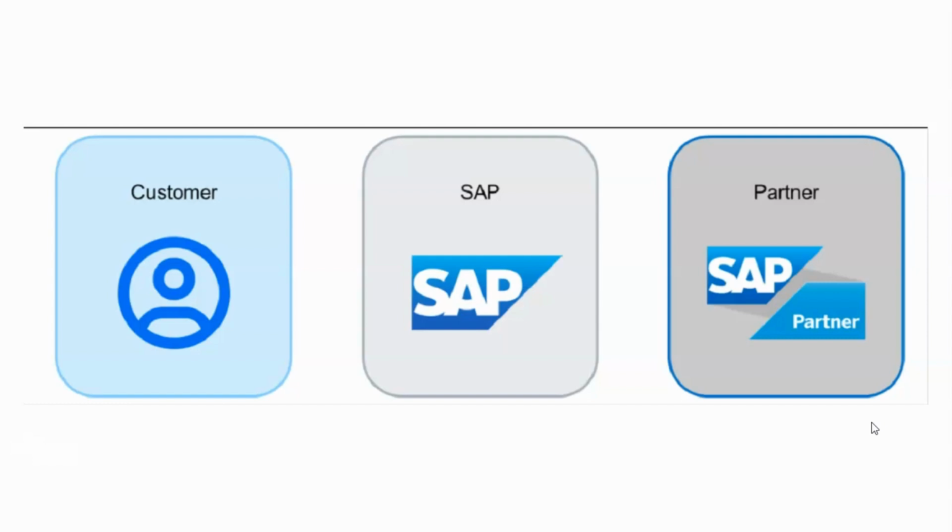As an employee of a partner organization preparing to implement an SAP solution, you are a service partner. SAP also implements our solutions for customers, but we rely on our partner ecosystem to meet the global demand and bring specialized industry expertise to customers with unique requirements.